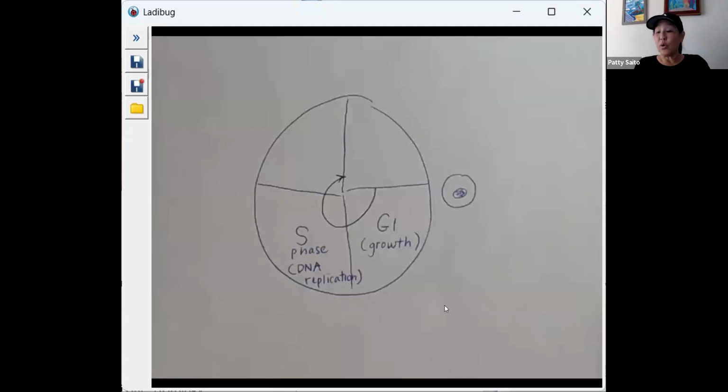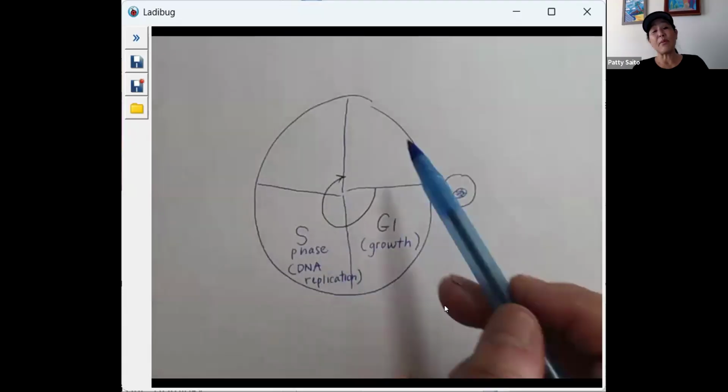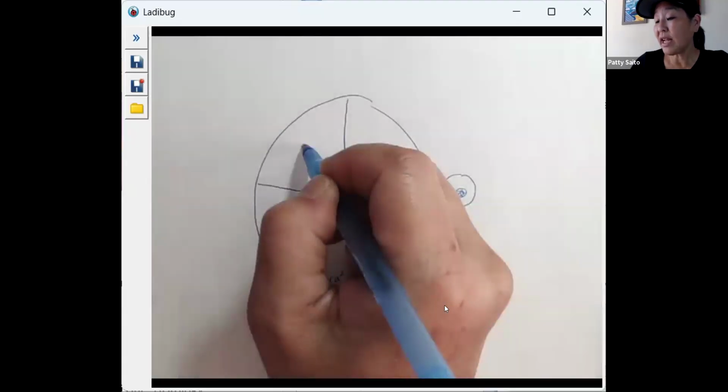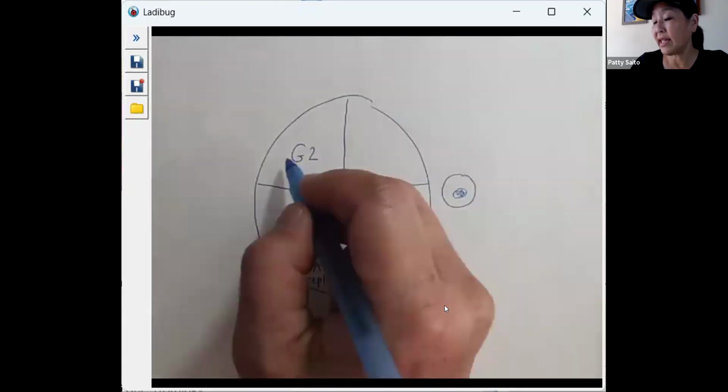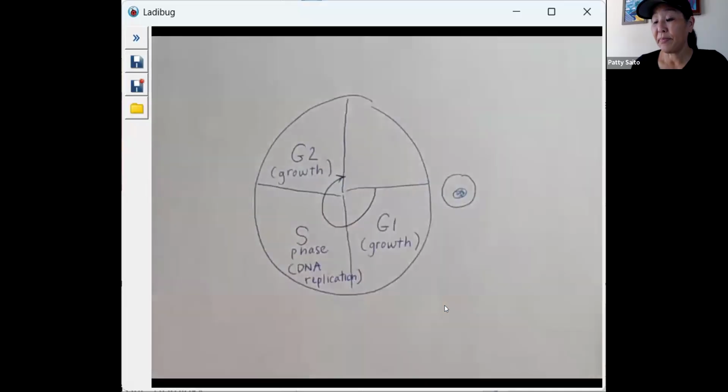Okay, so instead, we make an extra copy of DNA. So by the time we divide the cell, each cell will get a full copy, right? Does that make sense? And then the last phase is called the G2 phase. And this also is growth as it prepares to divide.